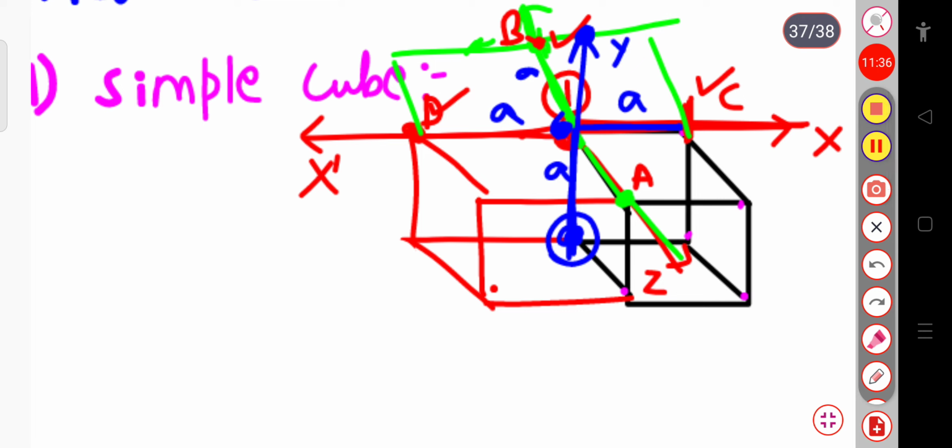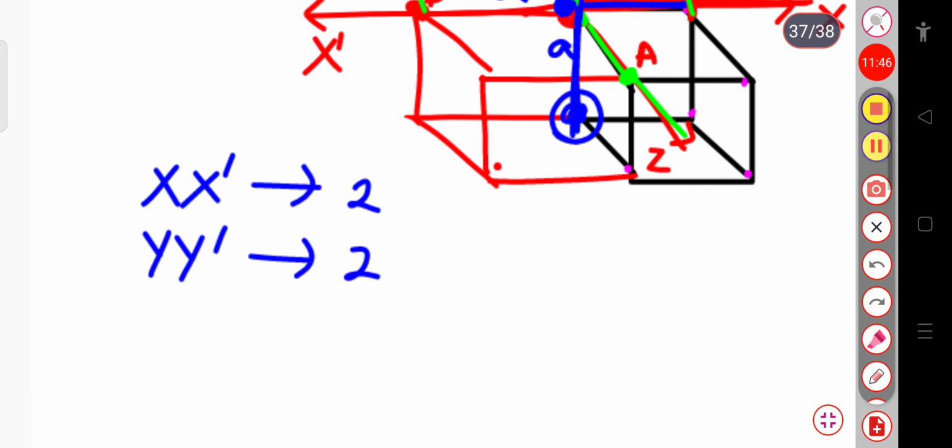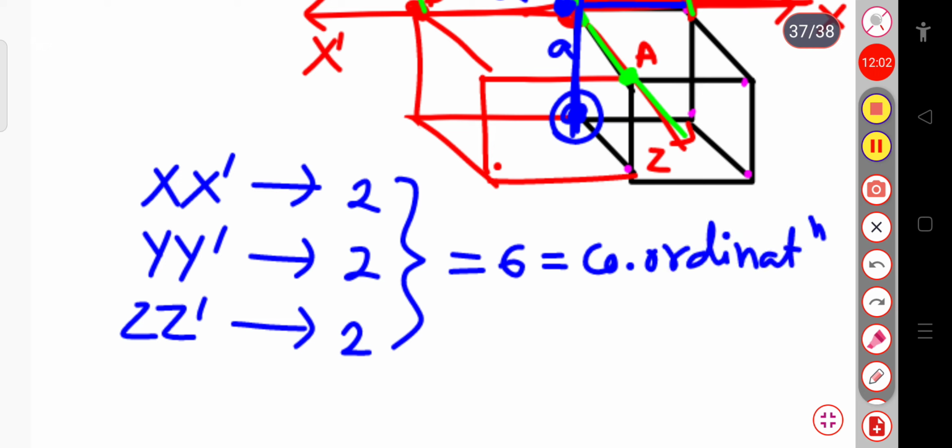Along the x axis there are 2 atoms, along the y axis there are 2 atoms, and similarly along the z axis there are 2 atoms. So the total here is 6. So 6 is the coordination number for the simple cubic structure.